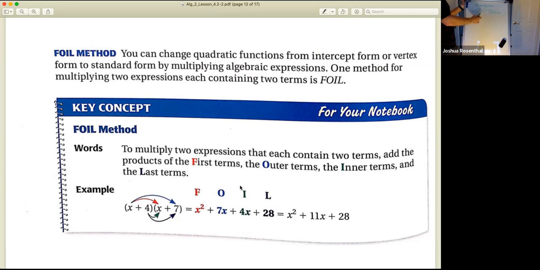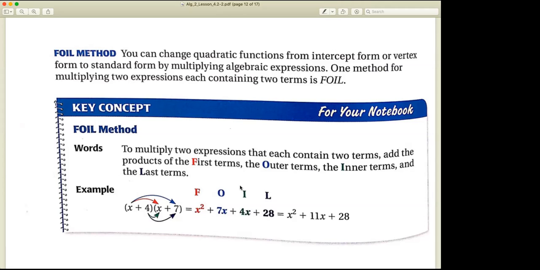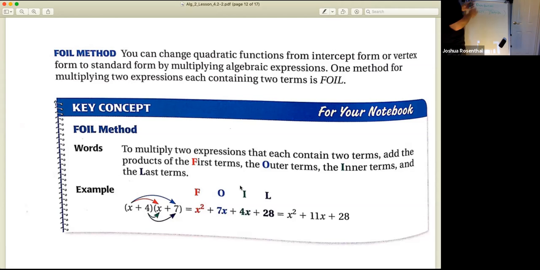So each term in here must be multiplied by each term in there. You're going to get 9 terms if there are 3 terms. It's just the distributive property with multiple elements in the group.